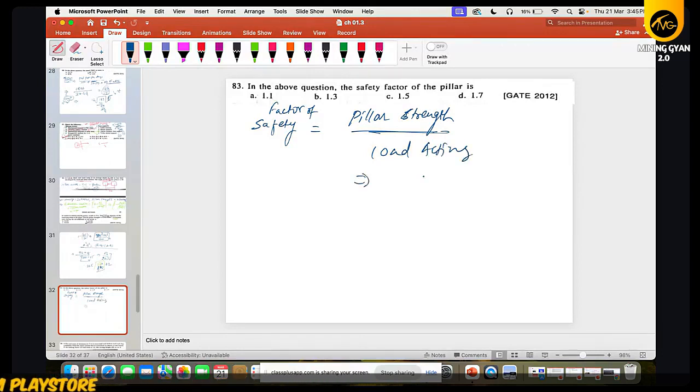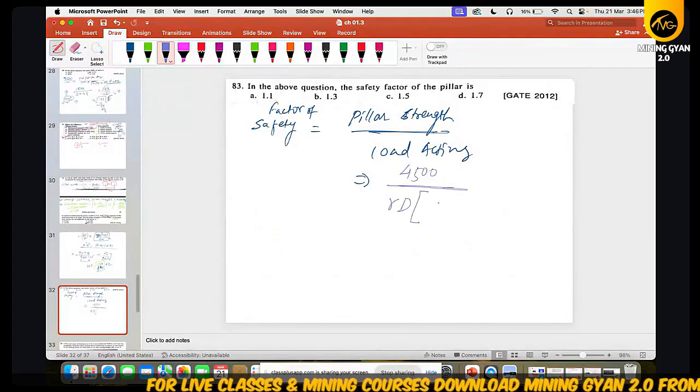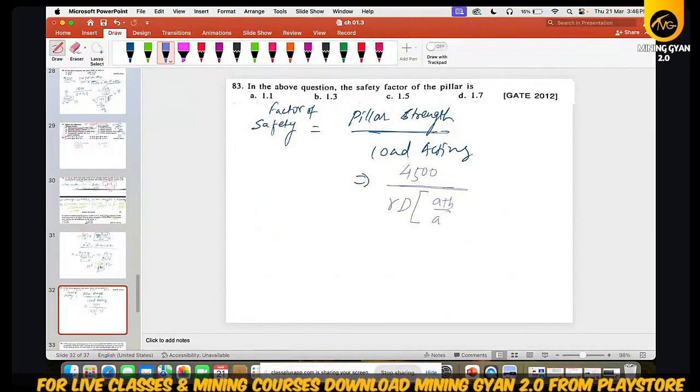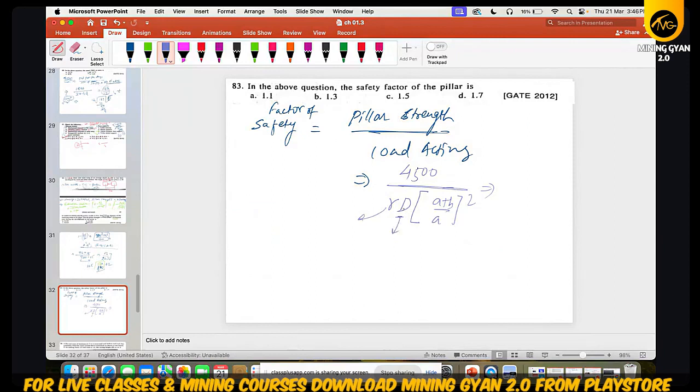So they have provided the pillar strength as 4500. 4500 divided by the load acting. If you remember the formula, it will be (a plus b) by a squared, multiplied by gamma and depth, where this is the density and this is the depth.